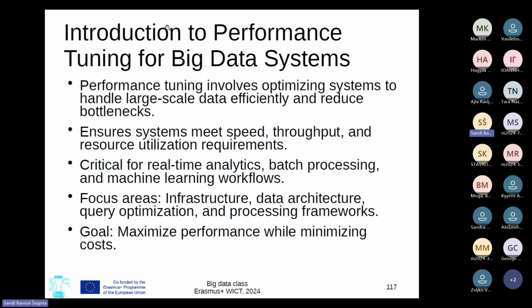What does it mean when we talk about performance tuning, and what are certain adjustments we can do to performance tune big data systems? So when we're talking about performance tuning in general, that means optimizing the systems that we have in place to scale, to handle large amounts and high velocity amounts of data.